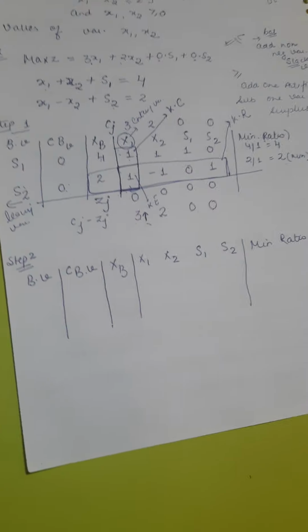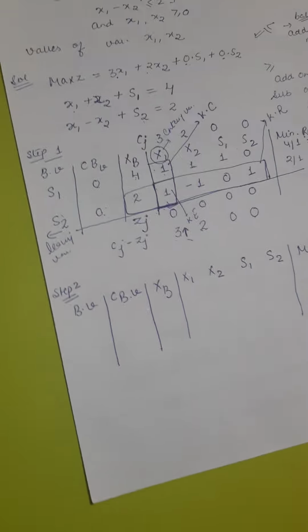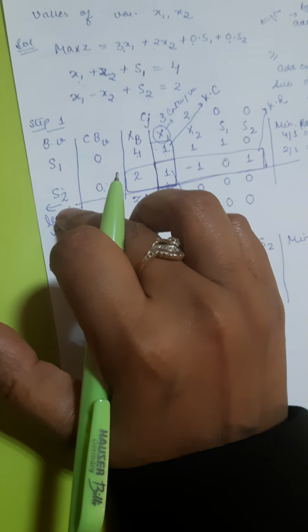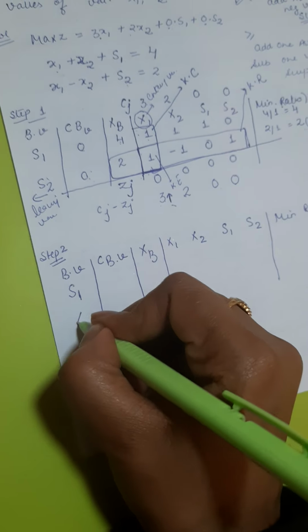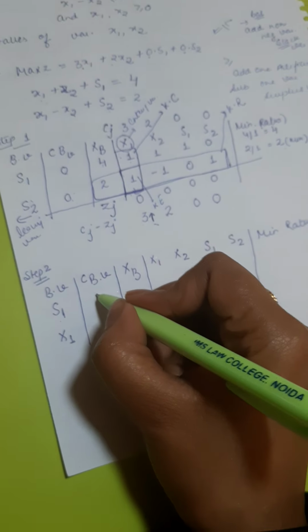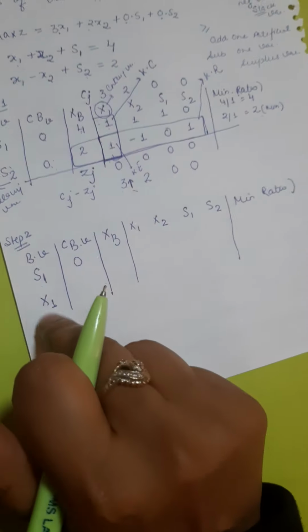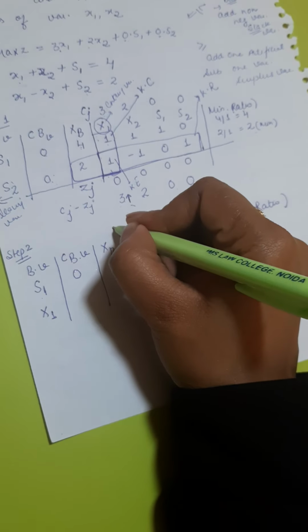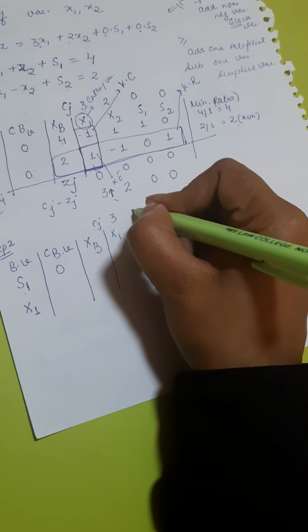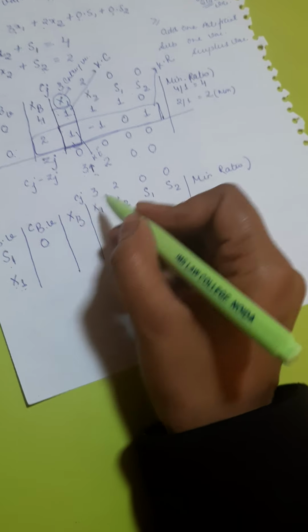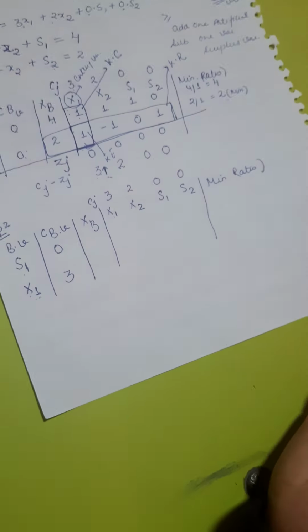Now this time, this one is the basic variable, S2 is the leaving variable and x1 is the entering variable, so you will write x1 here. The cost of the basic variable of s1 is 0, and the cost of the basic variable of x1 you will check from the objective function. You can write the objective function here also, because it is the same throughout. So s1 is 0, and what is the cost of the x1 variable? 3, so you write 3 here.